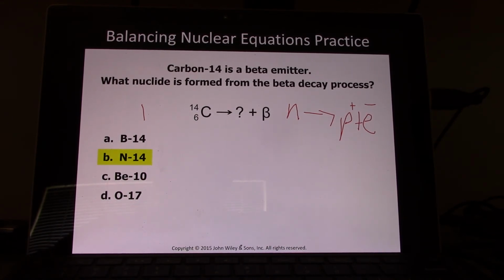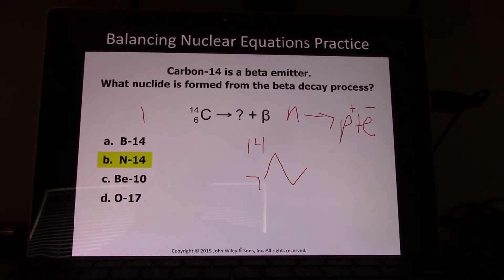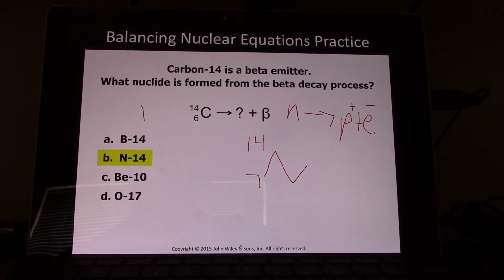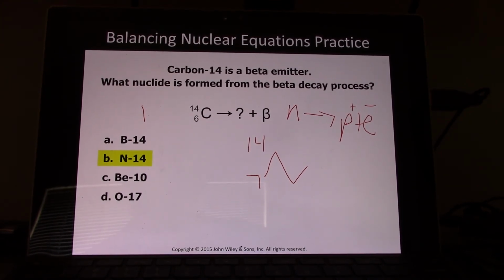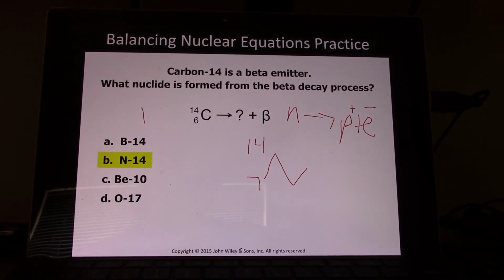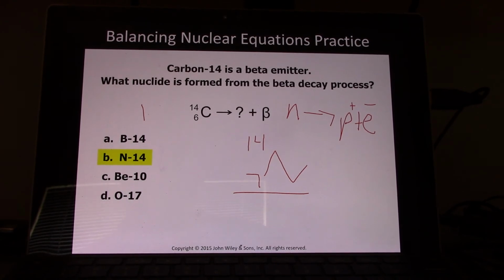So what we get is nitrogen-14, because that would be 7 protons. Notice the mass number stays the same. Carbon-14 is 14, nitrogen-14 is 14. The difference is carbon-14 is 6 protons, 8 neutrons, and nitrogen-14 is 7 protons, 7 neutrons, because one of the neutrons decayed and formed a proton and an electron. The proton stayed in the nucleus, the electron left. And so this is the opposite of how carbon-14 was formed.